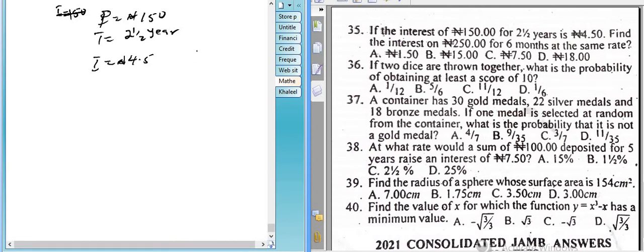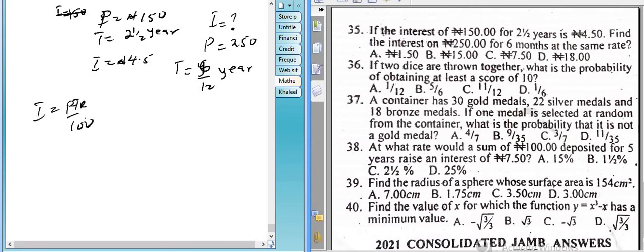So at the same rate, we want to find the interest I, which is unknown, when the principal is 250 and the time is 6 months, that's 6/12 year, half a year. You know that simple interest is I equal to PRT over 100.